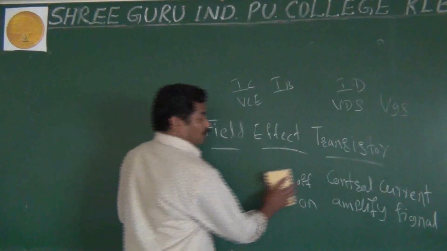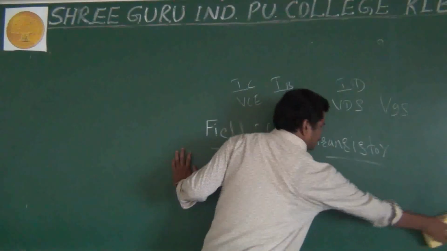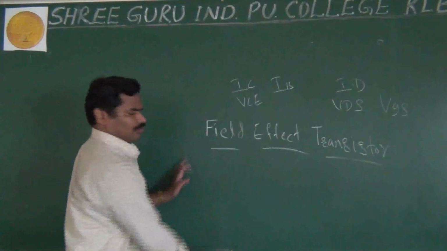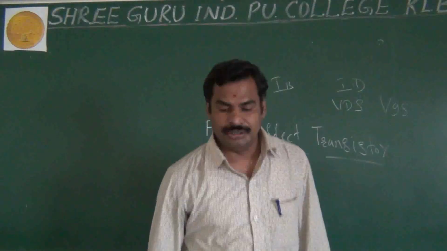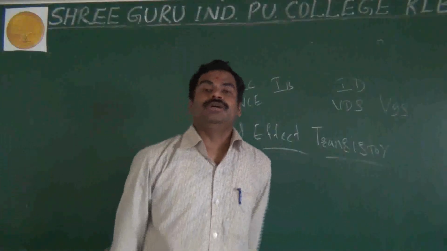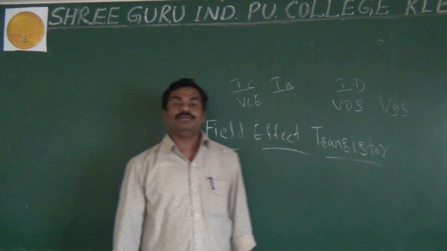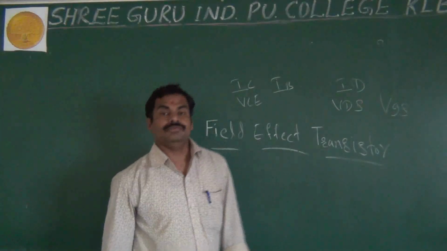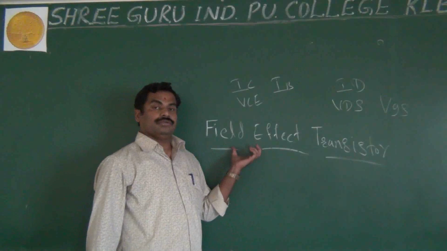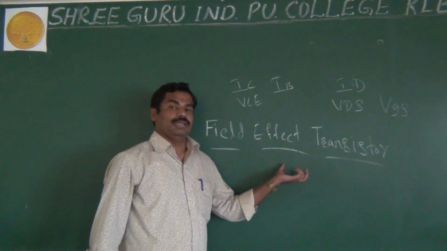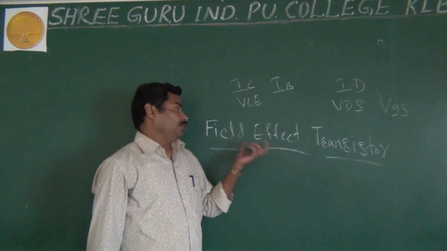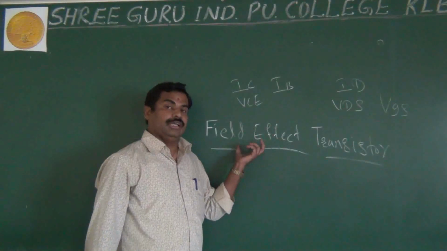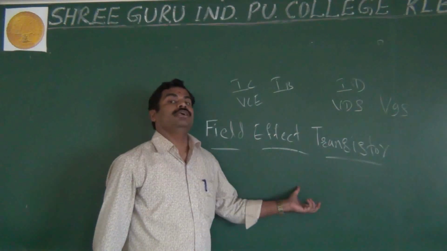And now we go to the FET. Actually, I said the FET is a 3-terminal unipolar junction transistor. It is a unipolar 3-terminal semiconductor device, or a unipolar 3-layer 2-junction semiconductor device.